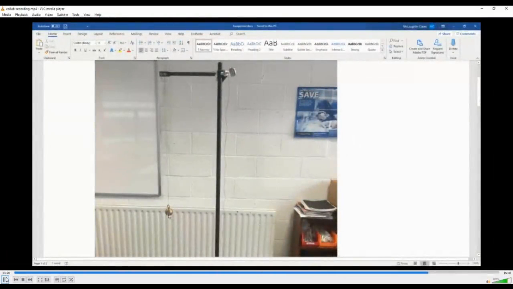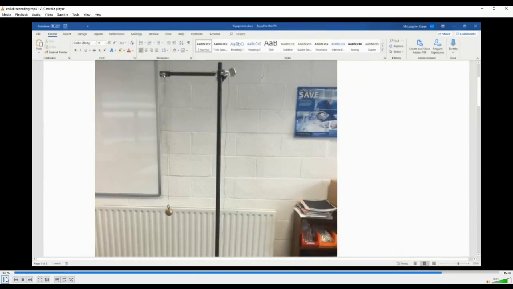We can see our spherical bob or ball here at the end. We can see our thin string, supported by a retort stand. What we'll be measuring is this distance from here down to the middle of the ball, and then we'll be swinging the ball backwards and forwards and working out the time for 50 vibrations.